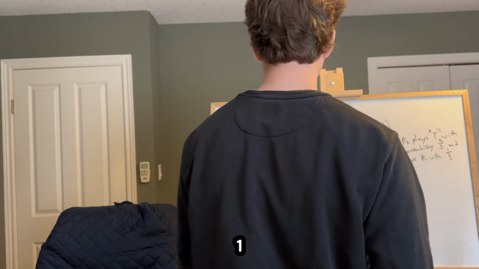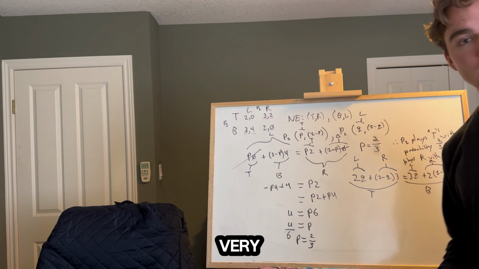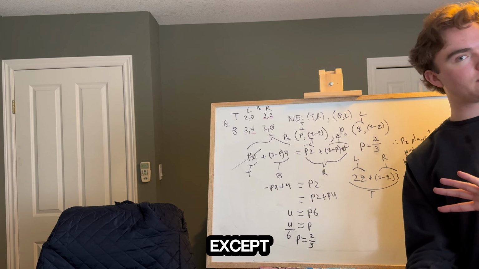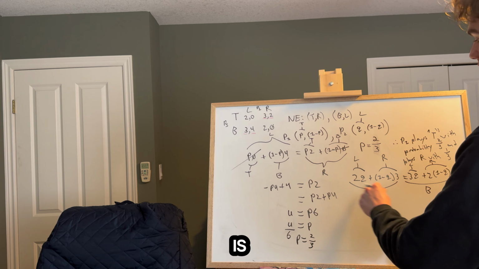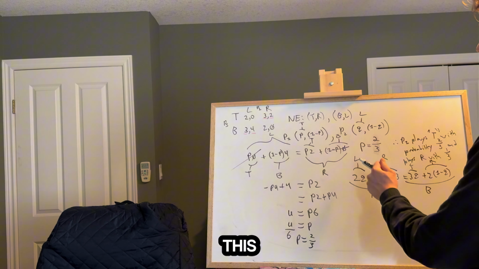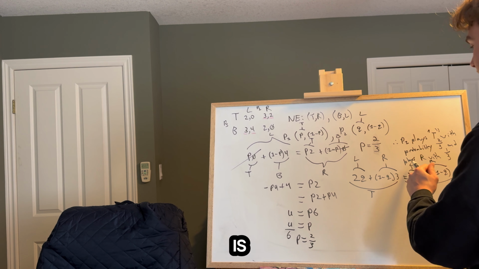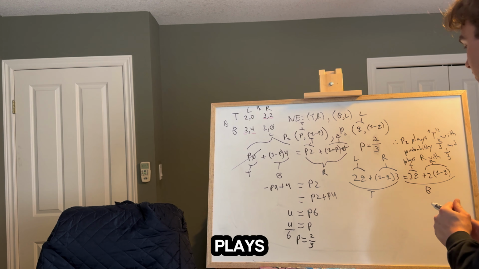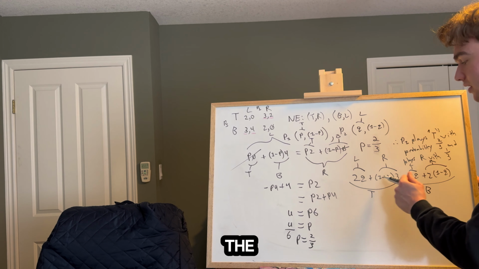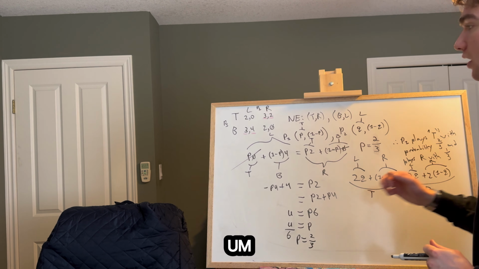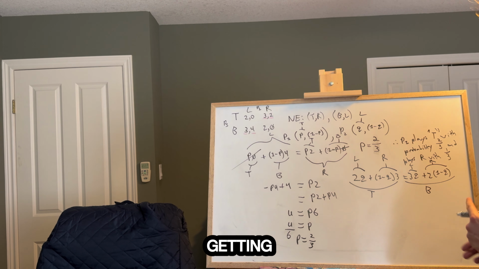Okay, so very similar story, except in reverse. This is top has to equal bottom. This is when player 2 plays left. This is when player 2 plays right. This is when player 2 plays left. This is when player 2 plays right. And then the respective payoffs to what player 1 is getting.